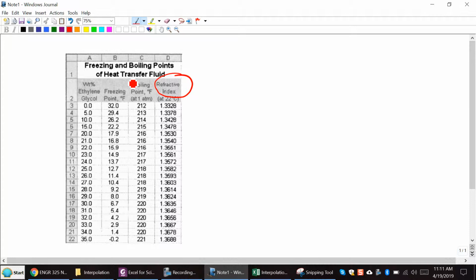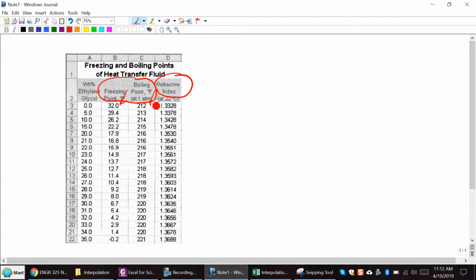These could also be my response variables, variables of interest. So, if I have pure water and I don't have anything in it, what temperature does it freeze at? 32. What temperature does it boil at? 212. So that's what these two numbers are, this 32 and this 212.